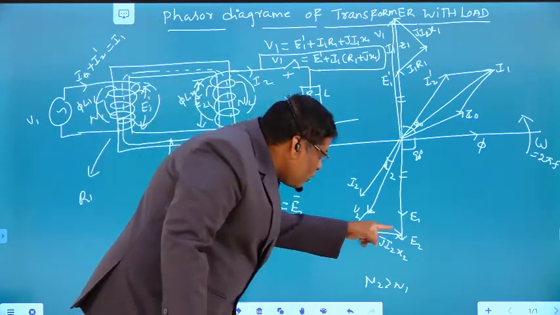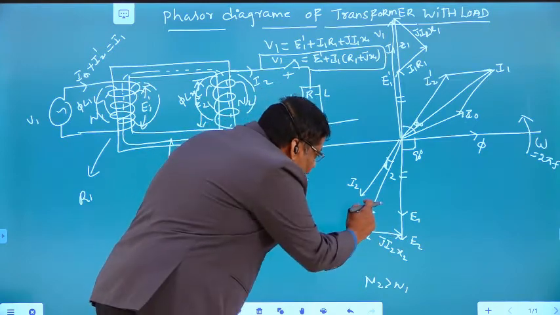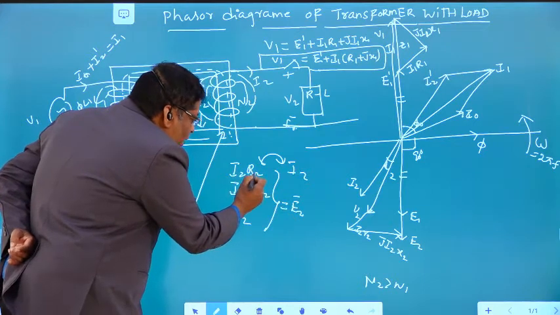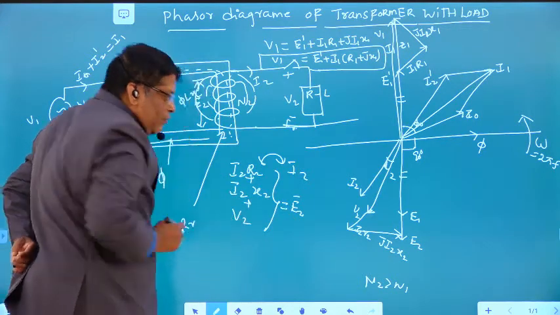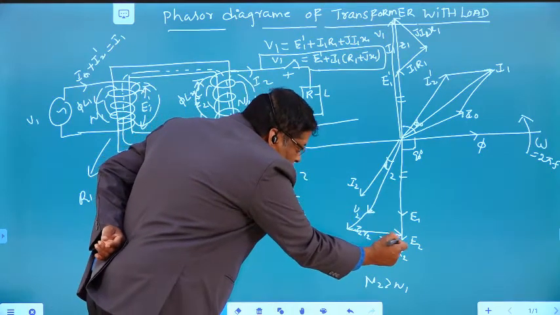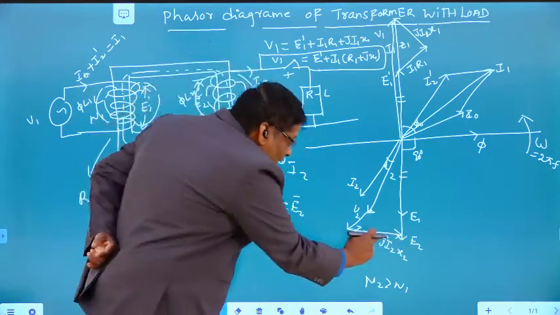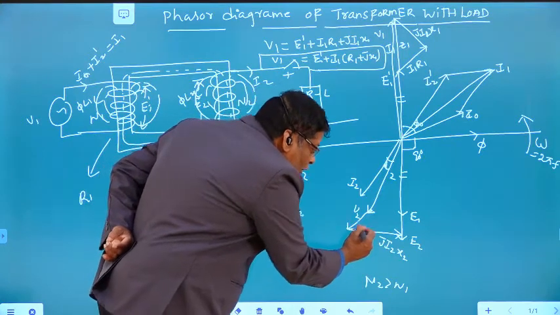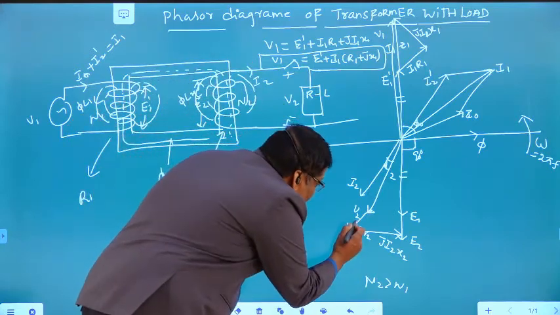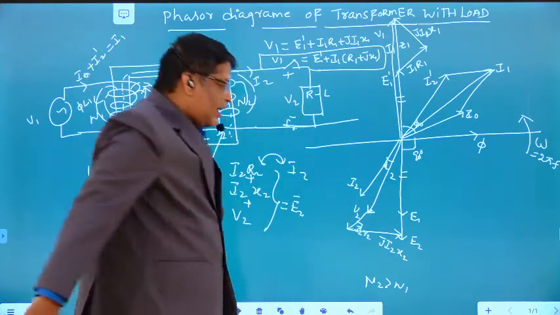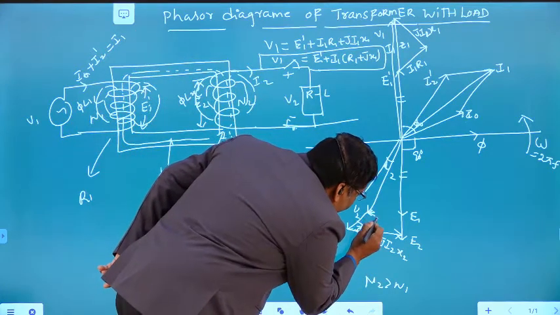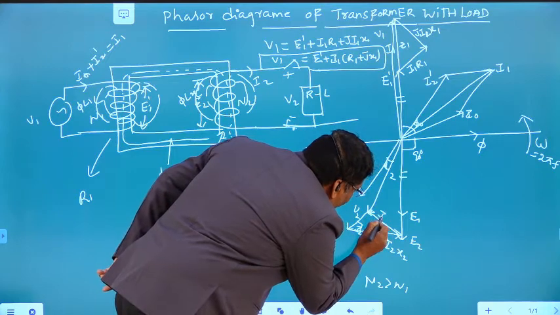Why have you drawn it up to E2? Because the sum E2 equals I2 R2 plus J I2 X2 plus V2. That's why the J I2 X2 term has to be drawn up to E2. The angle between these two is 90 degrees, that we have to maintain. This is nothing but I2 Z2.